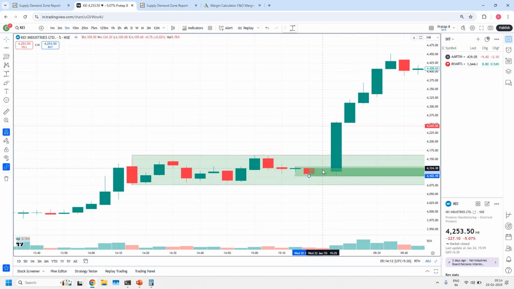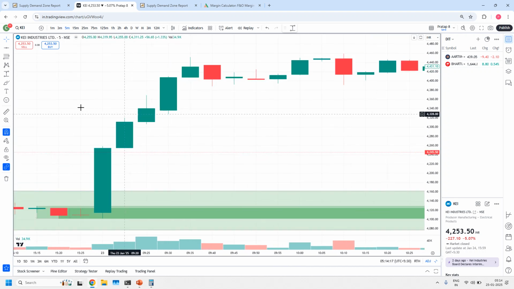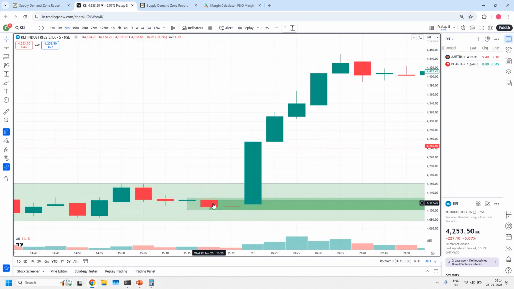If you feel, draw the zone like this. What is the low of this lagging candle? Low is 4102.10. This candle low 4101.75.